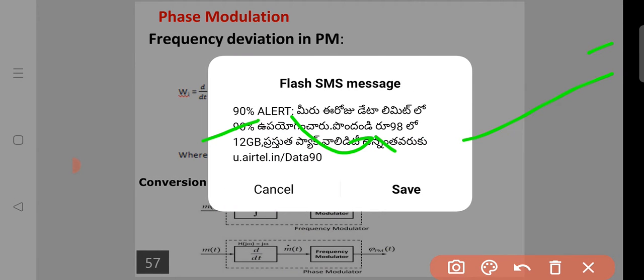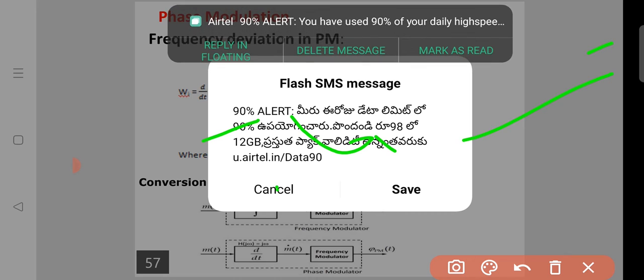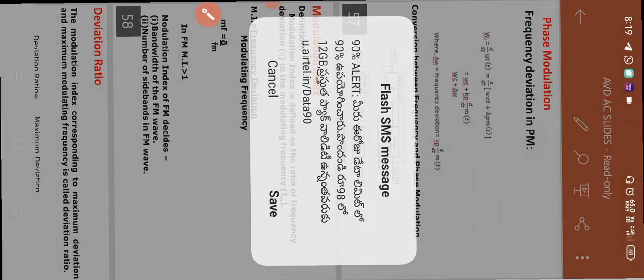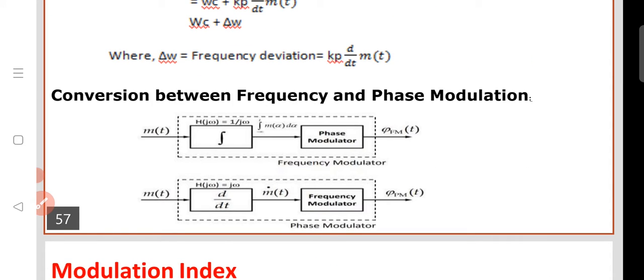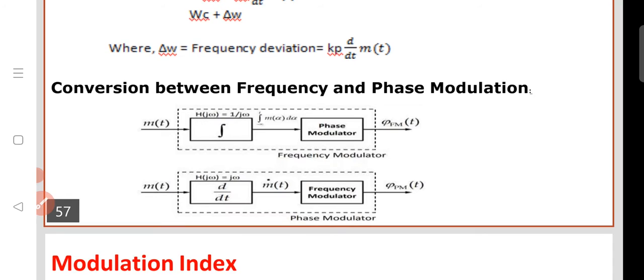In a similar way, the message signal is fed to the differentiator. Then the output of the differentiator is fed to the frequency modulator. The output will be phase modulation.